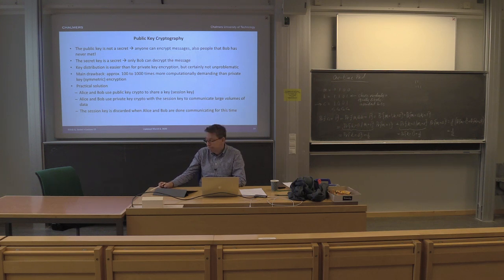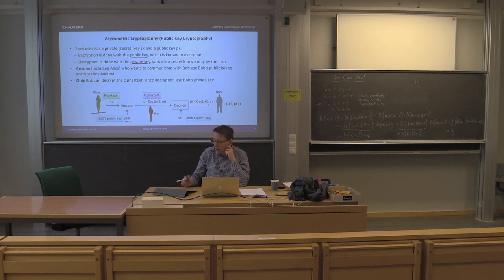Any questions? The question is, can one, by just inspecting C and perhaps also knowing the public key, somehow deduce what the secret key is? Not if it's well designed.